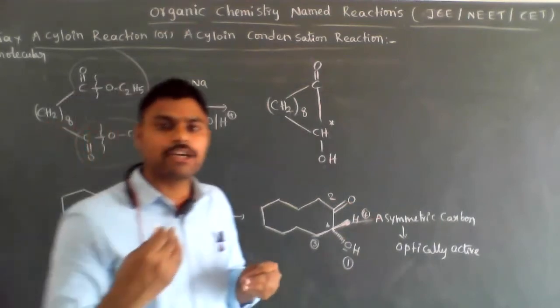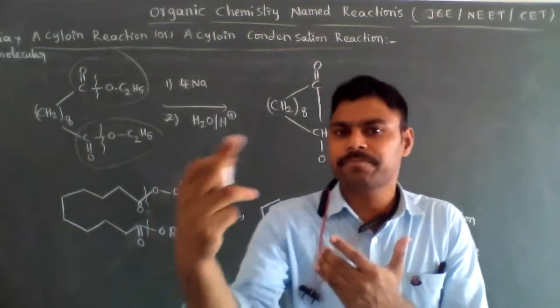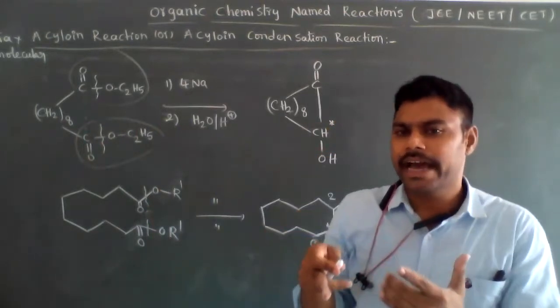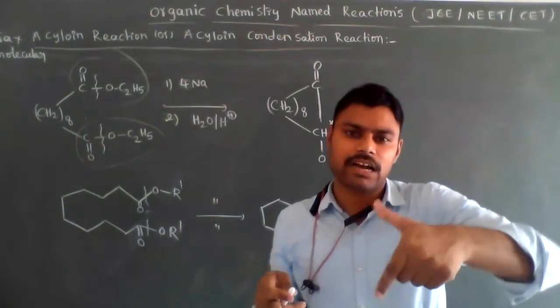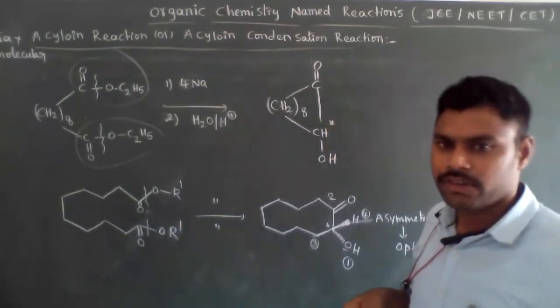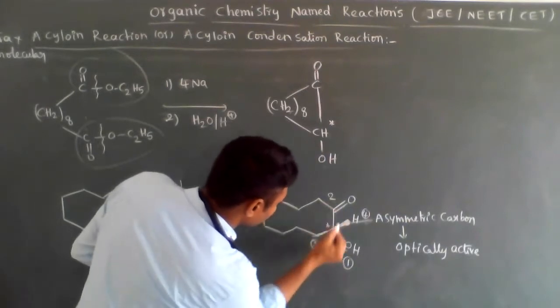If the least priority group is on the front side, nearer to the observer, then if the remaining groups are in the clockwise direction, it is S configuration. If the remaining groups are in the anti-clockwise direction, we consider it R configuration. Let's see 1, 2, 3.